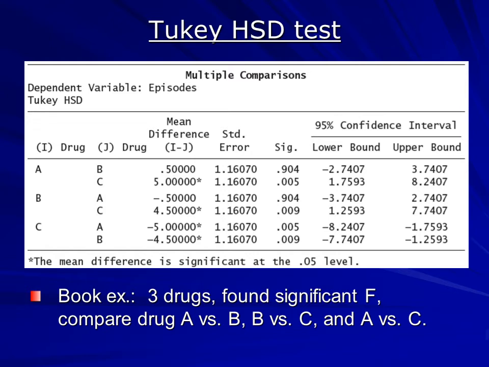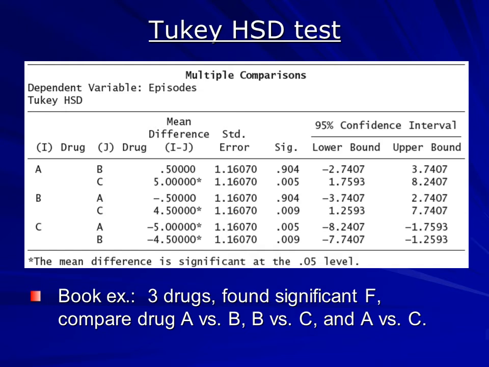Now one more row down, you've got A versus C. The difference is 5. What's nice is you get asterisks whenever you see something that's less than 0.05. Looking at the significance level, you've got 0.005, which is way less than 0.05, even less than 0.01.